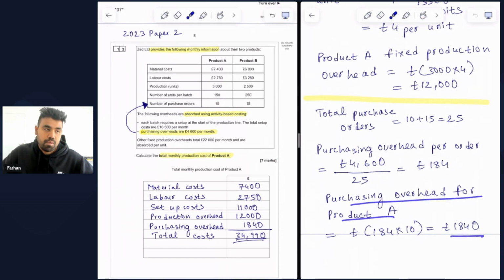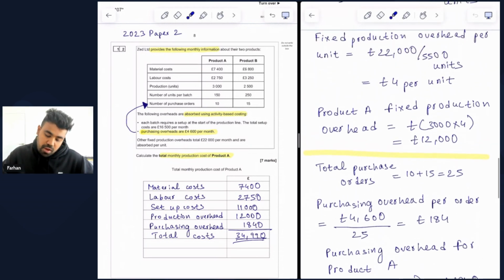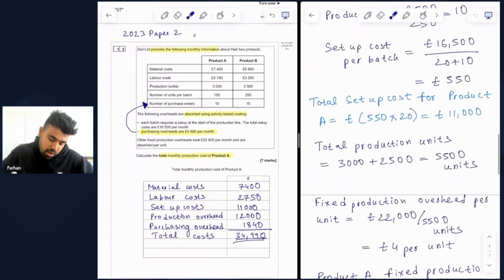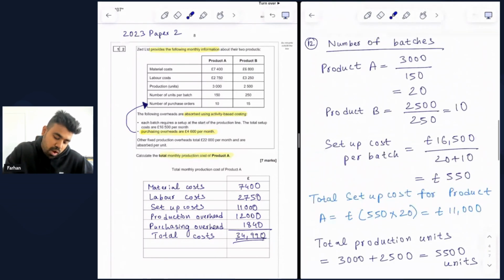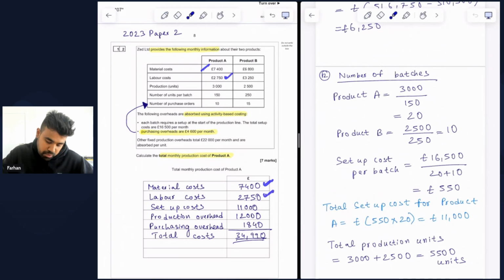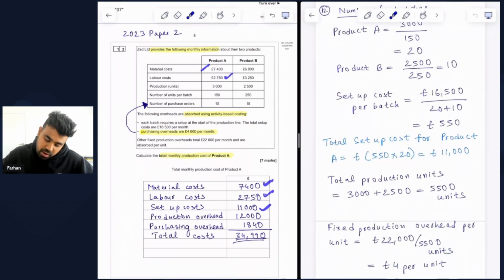£1,840. So let's fill in the table for total monthly production cost for product A. Starting with the material costs, which have already been given to us, £7,400, which is what we have included here. Then we have included the labor costs of £2,750. Then the setup costs for product A is something that we have derived ourselves to be £11,000 based on all the calculations we have done.